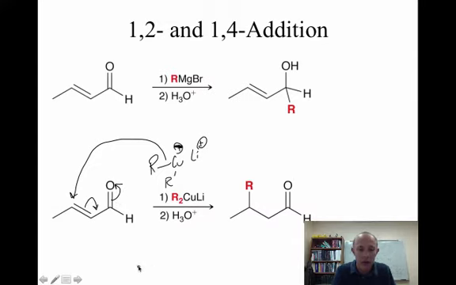So what you have now is an enolate, right? Which gets protonated by acid. So initially, what you've generated is a product of 1,4 addition, right? You've added something to oxygen 1, you've added something to the beta carbon, which is 4.